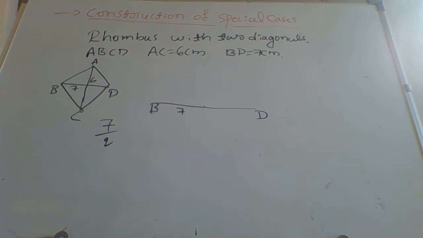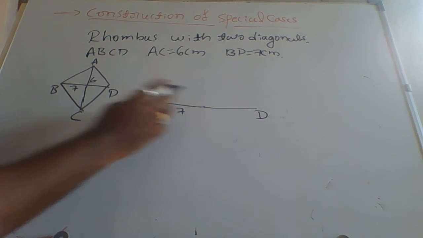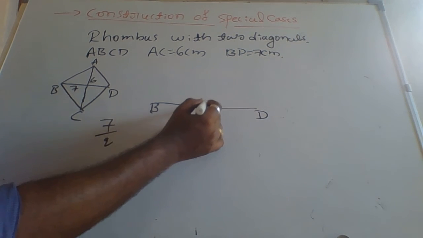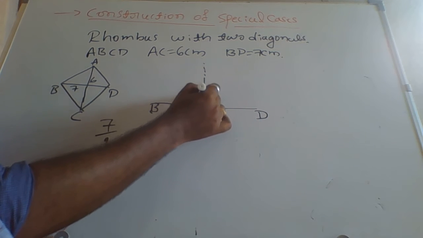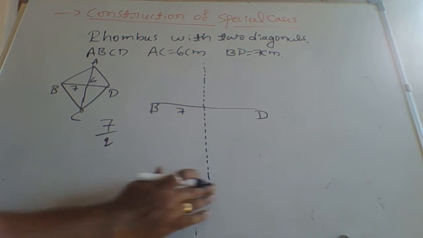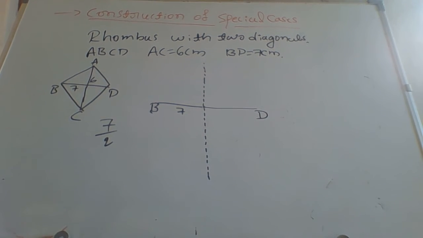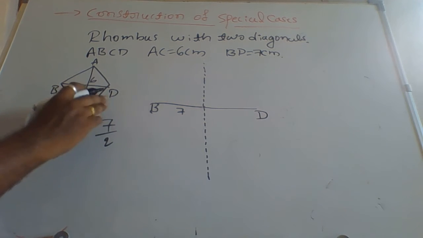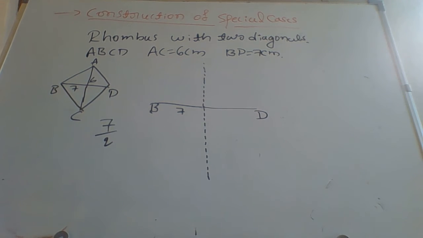Using this midpoint, I will draw a line here. Again, this line AC is bisected by the diagonal BD.